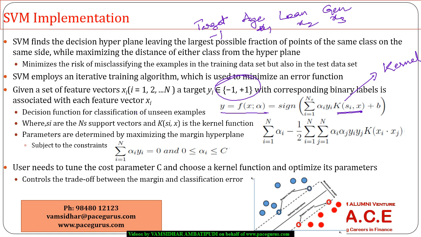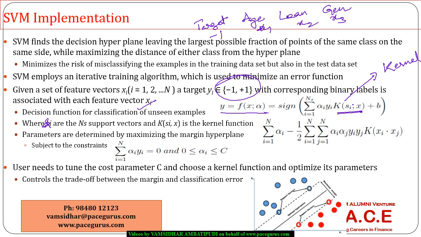So we can see the decision function for classification of the unseen variables goes like this: sign of the sum of alpha i yi k of si comma x, plus b.